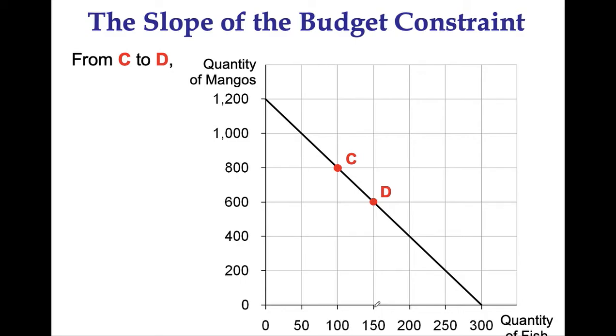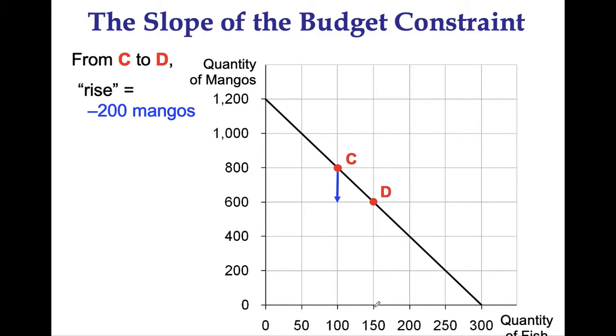Of course, and unfortunately for him, his budget is very limited, and he cannot add more fish without giving up some mangoes. If he wants more fish, he should give up some kilos of mangoes. Why? Because he has a limited budget.